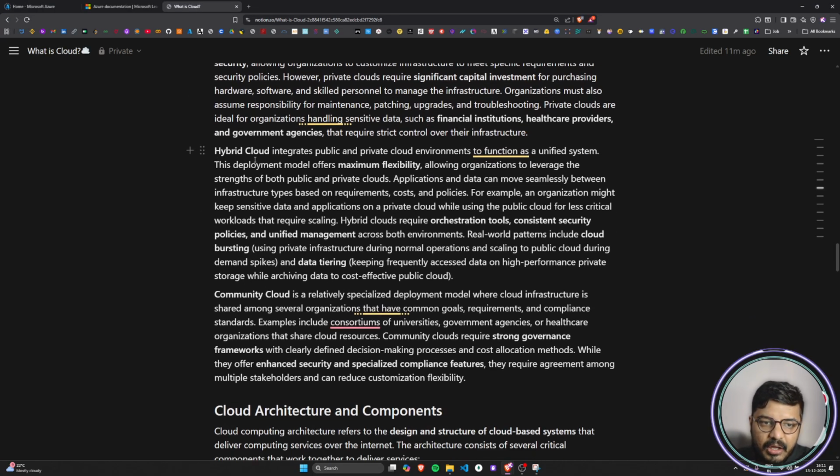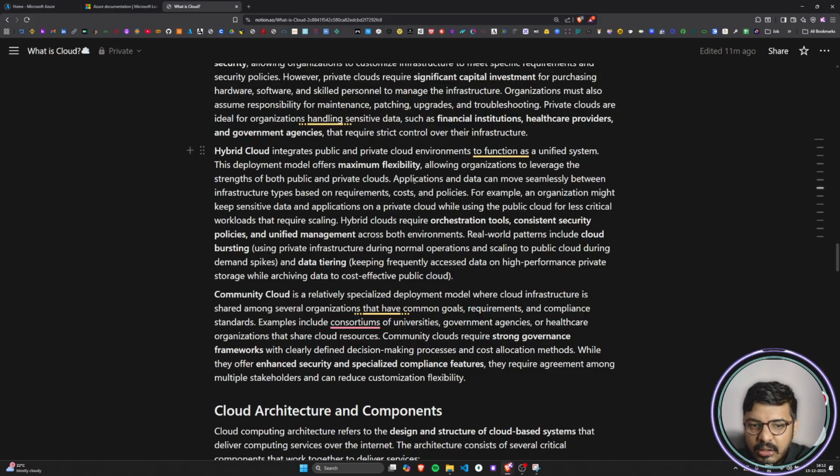Then comes hybrid cloud, which is nowadays the most used kind of infrastructure. It integrates public and private cloud environments to function as a unified system. So hybrid cloud is a combination of the private cloud and the public cloud. This deployment model offers maximum flexibility, allowing organizations to leverage the strengths of both.